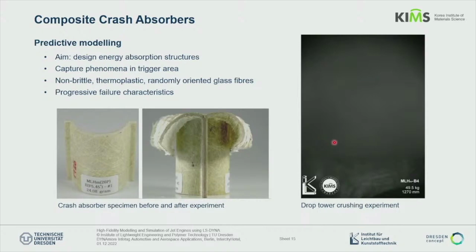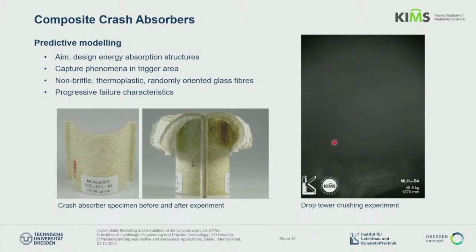However, from our perspective, we couldn't find a modeling approach which is really in the position to do predictive modeling. What is usually done is, you have experiments, and then you calibrate your model to represent your failure and energy absorption characteristic to be used in a larger model.